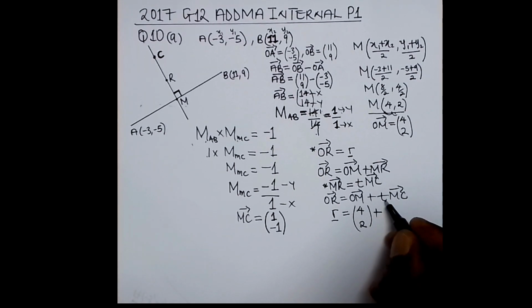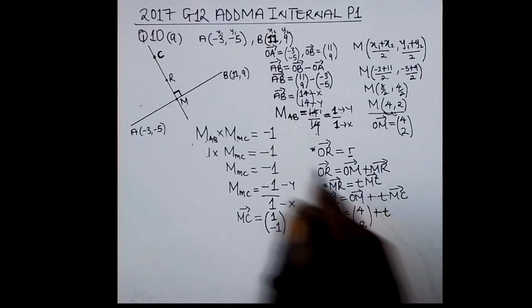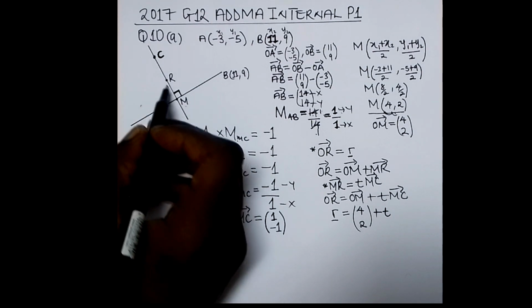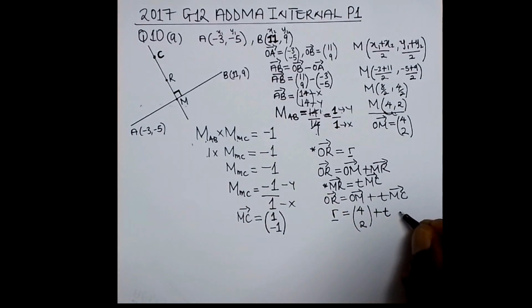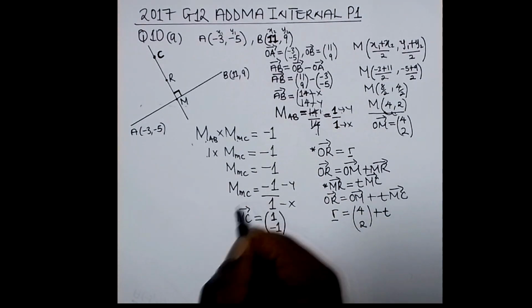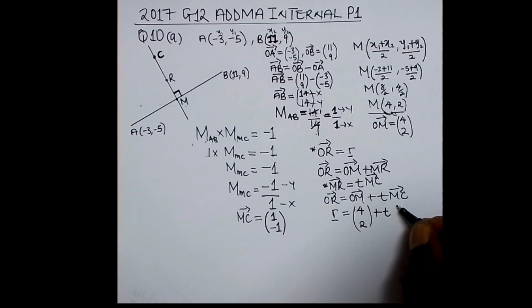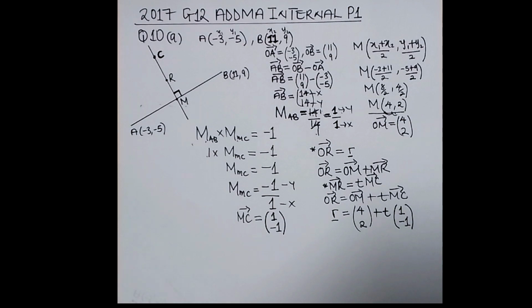Then plus t, which is just a scalar because of the arrangement on the line MC with respect to R here. Then MC is this direction vector that we got. So this will give us 1, -1, close bracket.